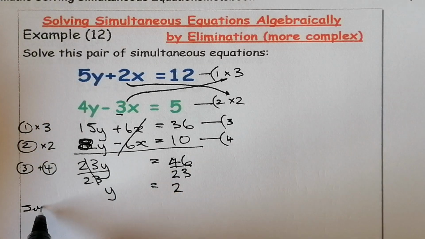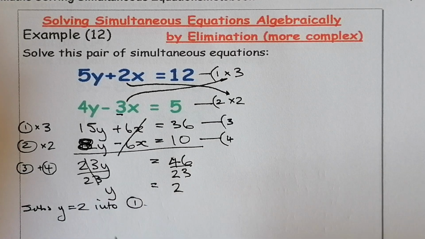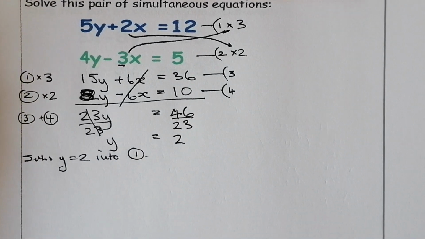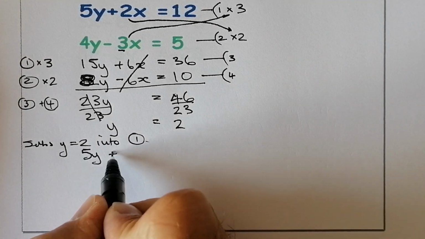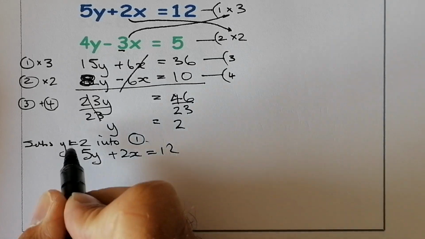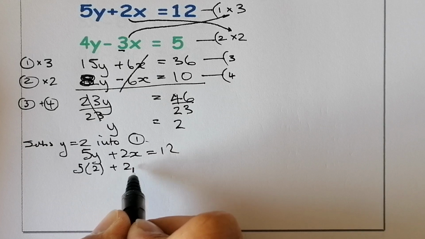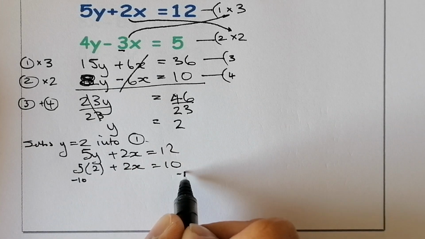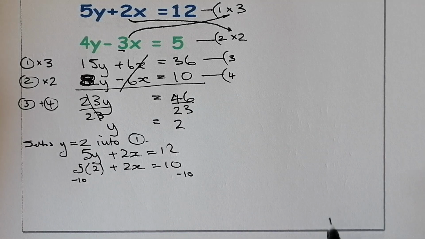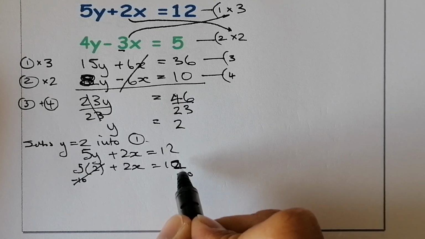So I'll then substitute y equals 2 into equation number 1. What I've got there is 5y plus 2x equals 12. I'm going to take the 2 and put it in here, so that's going to give me a value of 10. Whoops, I've written that down wrong, I've copied that down wrong.